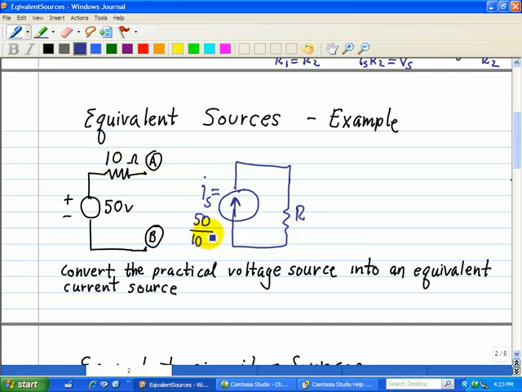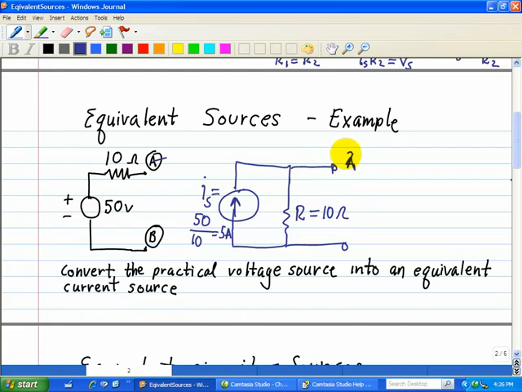So we have Is, and we note that this Is is equal to simply 50 volts divided by 10 ohms, which is equal to 5 amps. And our resistor is just 10 ohms. So that's how you very simply convert a voltage source in series with 10 ohms into a current source in parallel with 10 ohms. Again, we note that the terminals across A and B will be identical to the one here with the current source in parallel with the resistor.